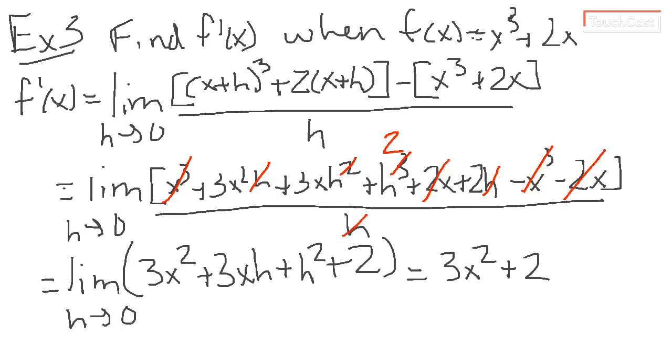Our derivative is simply 3x squared plus 2. Some of us might be lost, and that's okay. Let's look at another example of how this definition of a derivative works.